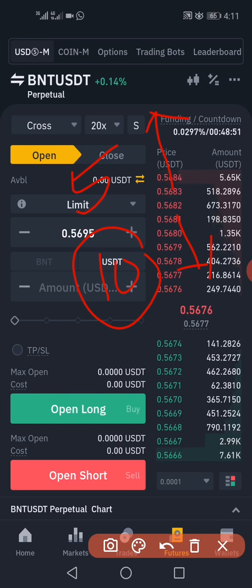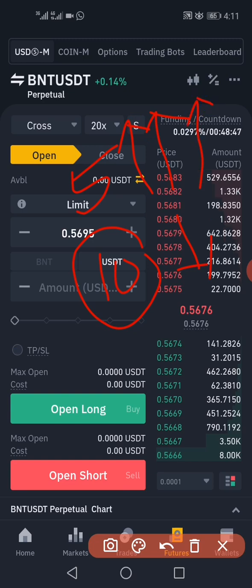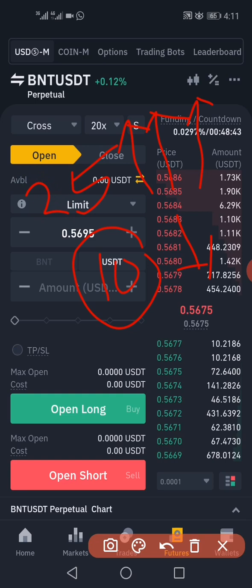But the moment more people join and say no, we believe price is going to go up, and they become 25 here, they will overpower these 10 people. These people will be in profit and these people will be in loss. That is futures. So when these people can no longer hold the trade with the money they have, and more people are joining this one, and price keeps going up, maybe up to 1,000 or 2,000, you can see they overpower the 10 people.